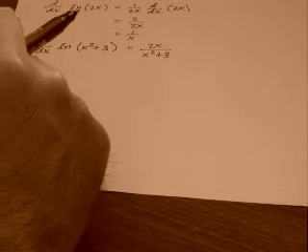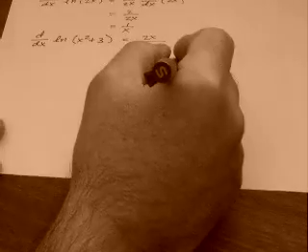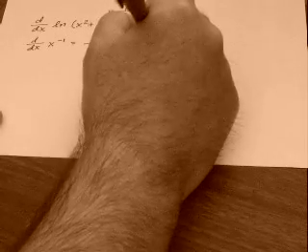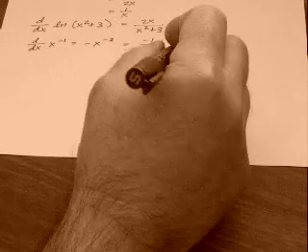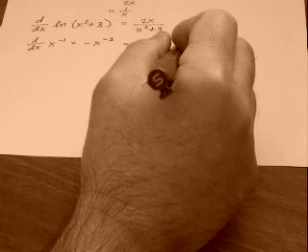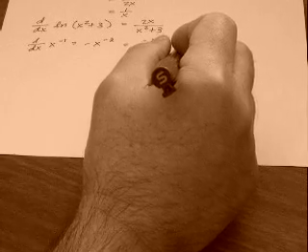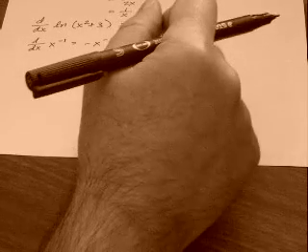Now the second derivative, that is the derivative of x to the minus 1, is equal to negative x to the minus 2, or negative 1 over x squared. Now that's negative, and so the graph of y equals ln x is concave down.